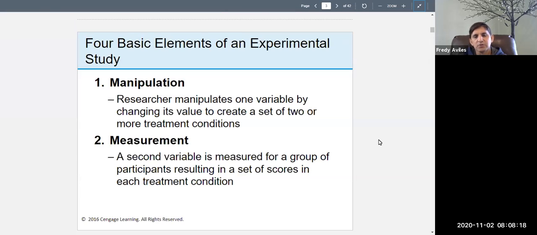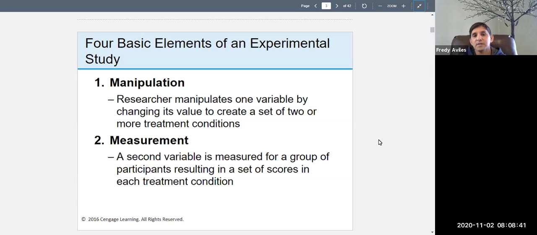And of course, an experiment also involves measurement. After you do a manipulation, after you do something to participants, you're usually going to measure something. A second variable is measured for a group of participants, resulting in a set of scores in each treatment condition. So you manipulate something like the amount of alcohol participants get, and then you measure something else, like their aggression.